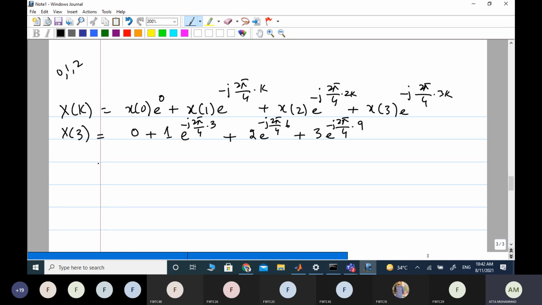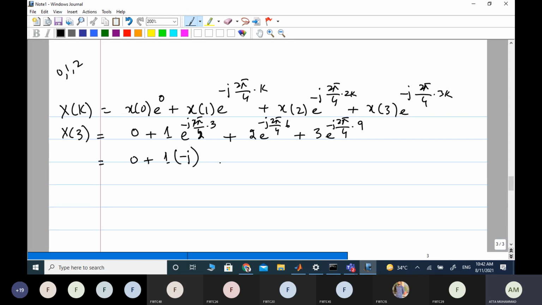Okay, so we can see 0, and we know that this is π by 2, right? And we computed it, that was equal to minus j, right? Is it minus j? Yes, it was minus j.